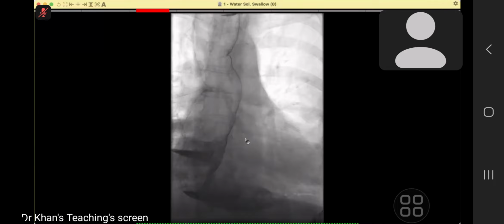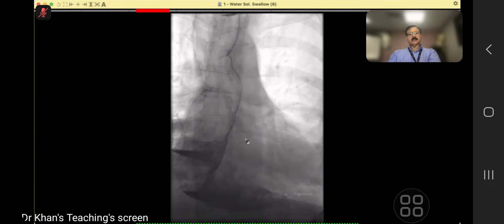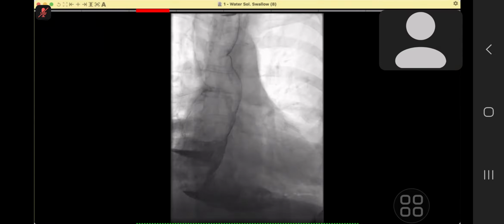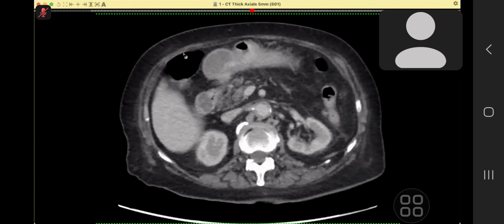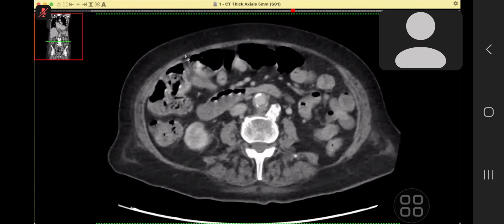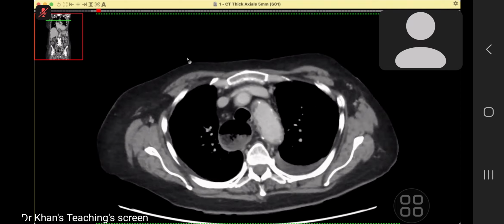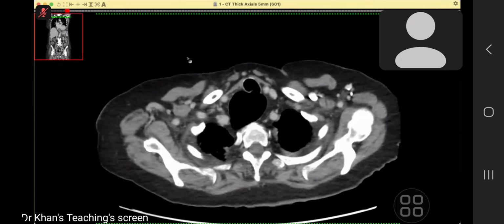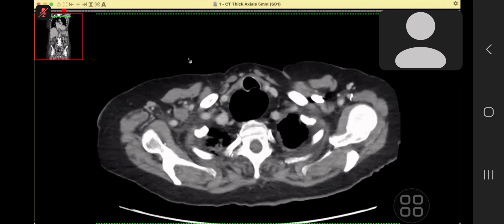If no narrowing is apparent on these images, I would like to arrange for upper endoscopy and for chest CT scan with IV contrast. Okay, I'm presented with chest CT, abdomen and pelvis with IV contrast.